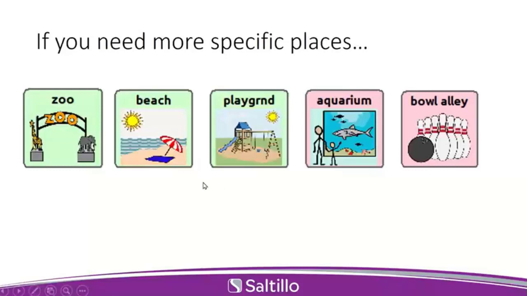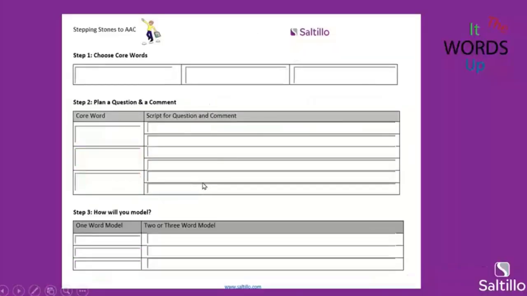So those are just some ideas on how to prep for our trip, which gets us to our next step, which is using our tool. As you did all of these things, what are some of those core words that we used as we were talking about planning our trip? And I see a question. Yes, perfect.